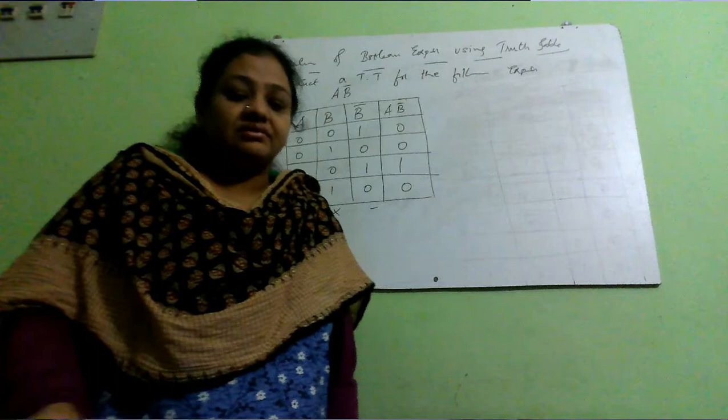Let us begin the same example. Let me explain it again. So here we will see how we can evaluate a Boolean expression using truth tables. So what is a Boolean expression? Like an arithmetic expression is a combination of variables, constants and arithmetic operators, similarly, a Boolean expression is a combination of logic variables and logic operations.